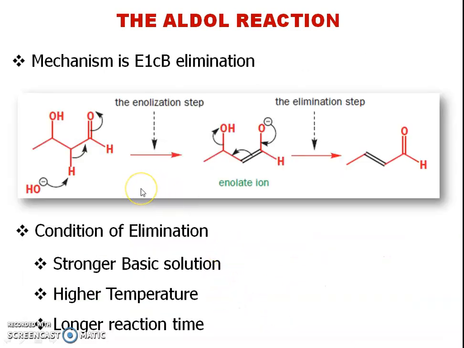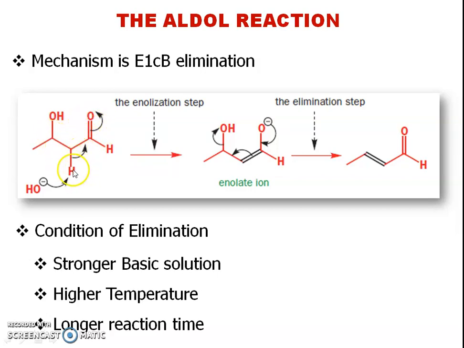So what is the mechanism of dehydration? Final step. Actually, it undergoes an E1cB elimination, that is, elimination via the conjugate base. In excess of base, it deprotonates this hydrogen. This hydrogen is acidic because of this carbonyl and this hydroxy group.